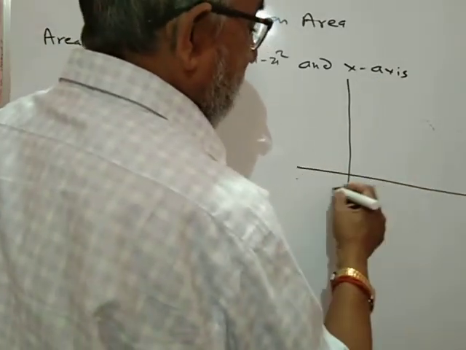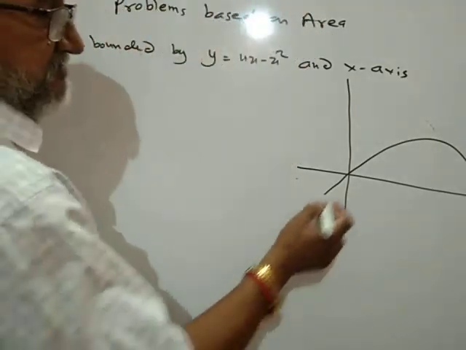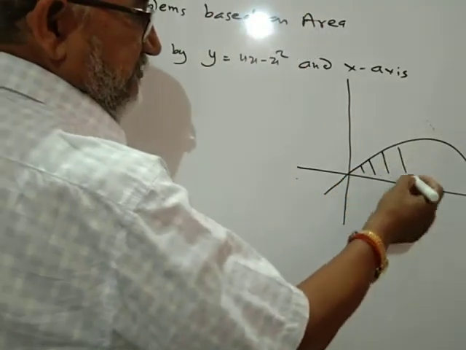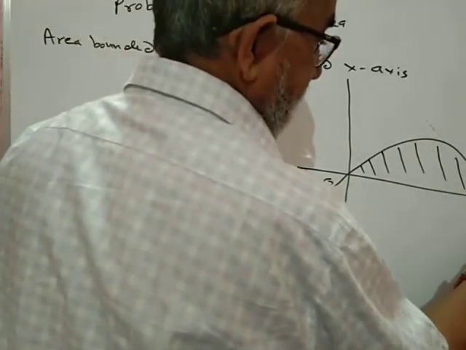This parabola is something like this. This is the area we have to find out. This is 0, and this is 4, 0.